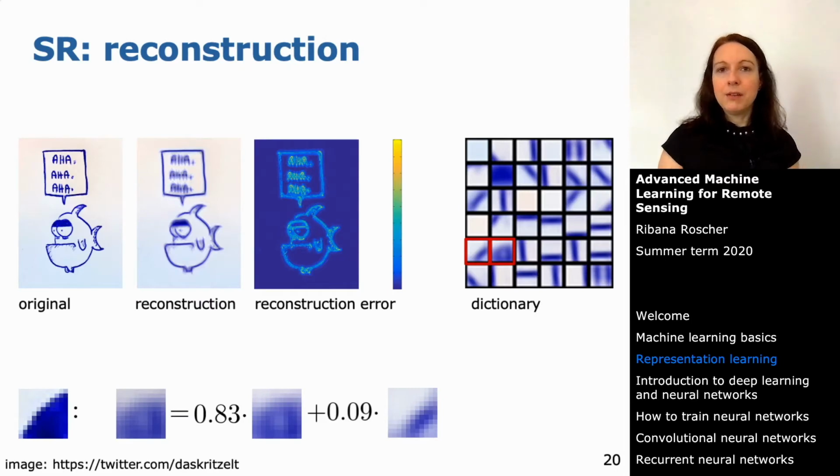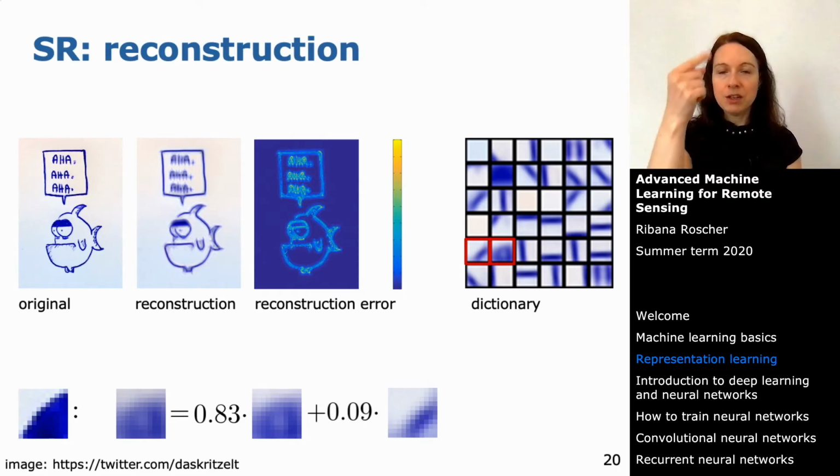And let me give you an illustrative example. So here you are given an original image, a very simple sketch of a fish. And then you have this dictionary. This dictionary is a compact illustration.